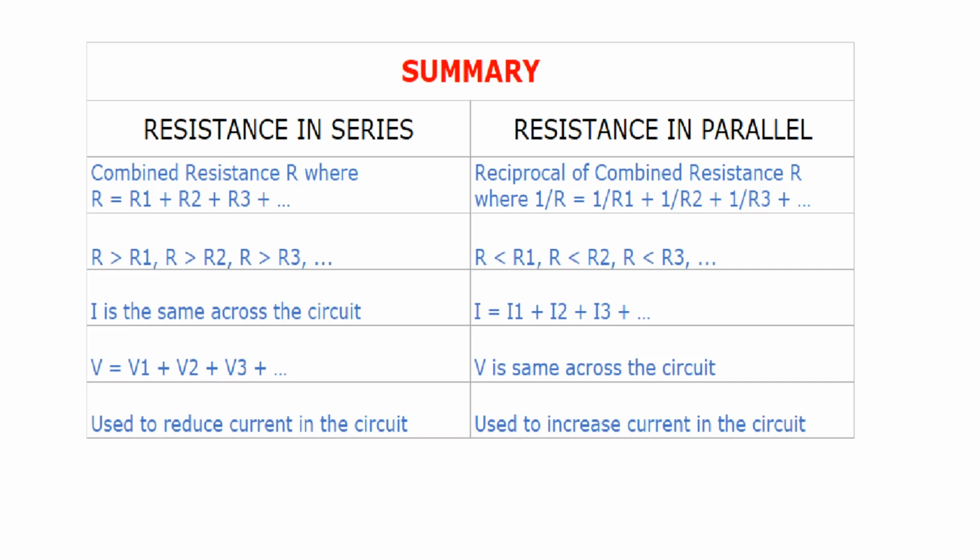In parallel, 1 upon R is equal to 1 upon R1 plus 1 upon R2 plus 1 upon R3. That is, resistance is low, due to which current is high. So every appliance can draw the required amount of current for their proper working. These are the reasons why parallel circuits are used in domestic wiring.